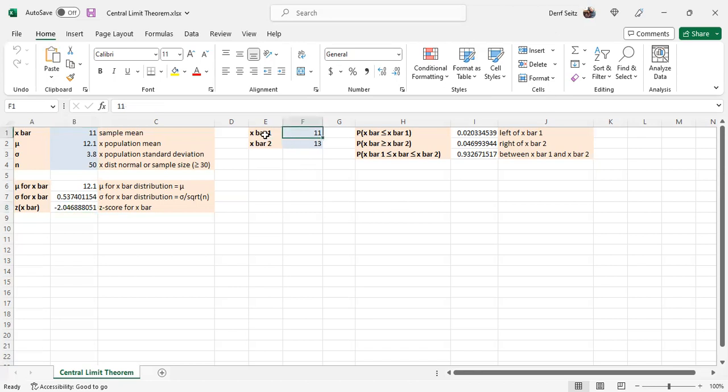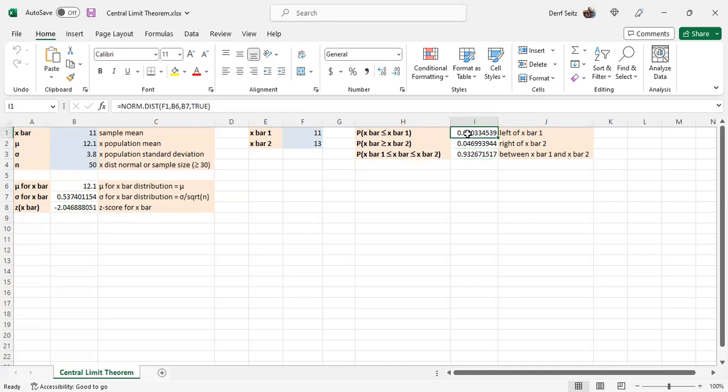You can put in a value for X bar 1 and X bar 2, and using the normal distribution for the sampling distribution, as we'll see here, it will give you the probabilities of being in the interval less than X bar 1, to the left of X bar 1, which is the area under that curve, or the probability to the right of X bar 2, or it will also give you the probability of being between X bar 1 and X bar 2.